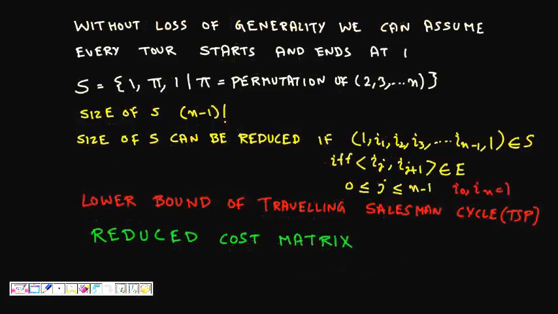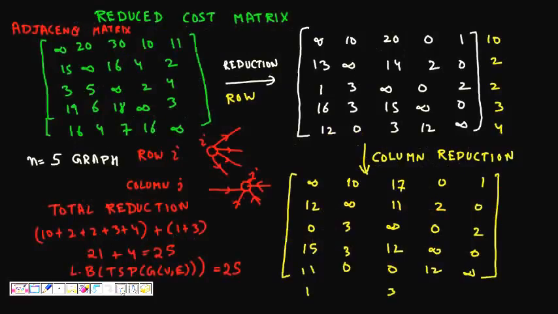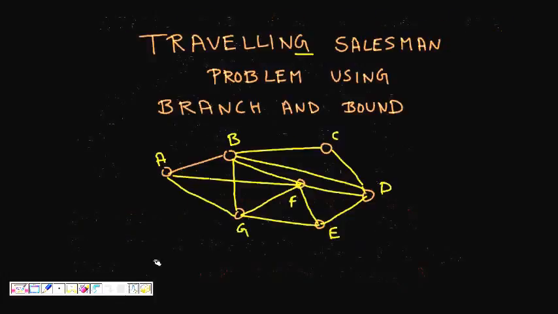If you have a graph G(V, E), you have to find a tour or a cycle that covers all the nodes of the graph exactly once, where we start from any node and come back to that node.